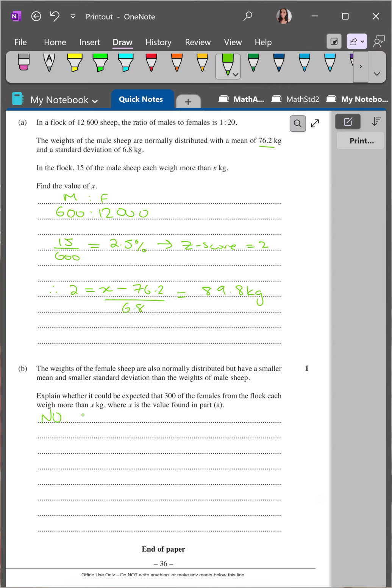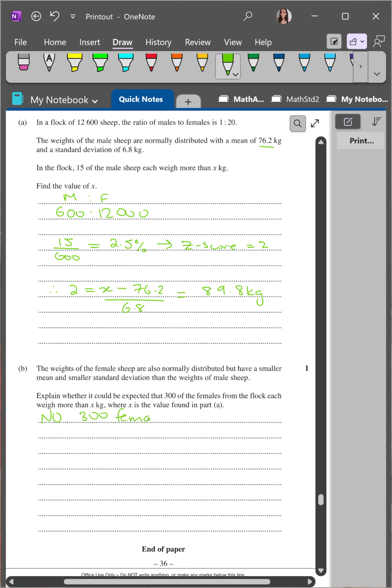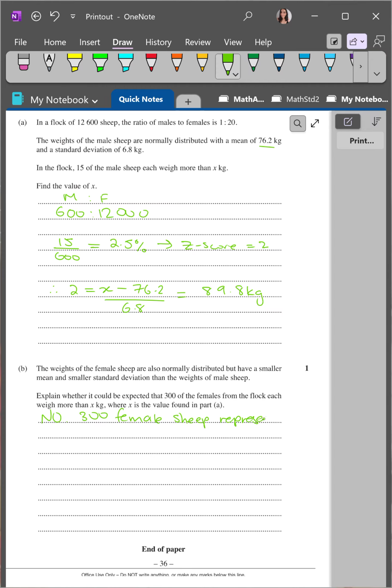Firstly, no, because 300 female sheep represents 2.5% of 12,000.